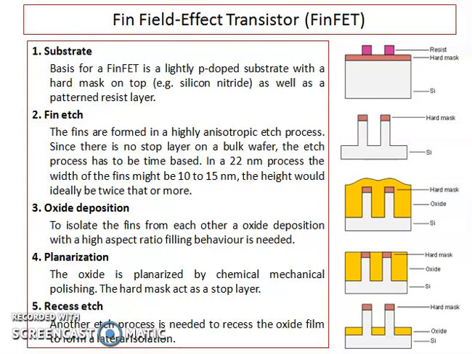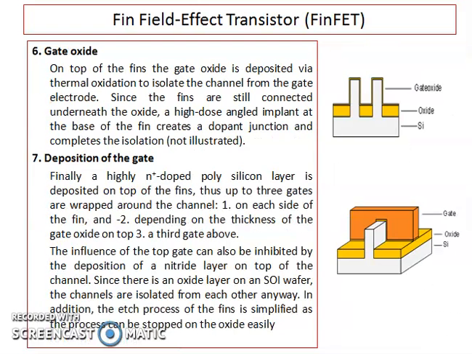Next we have the recess etch. Another etch process is needed to recess the oxide film to form a lateral isolation, that is, to remove the unwanted hard mask. This process takes place. Next we have to form the gate oxide layer.